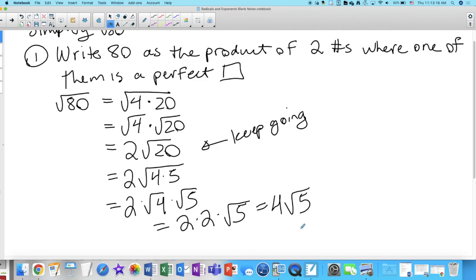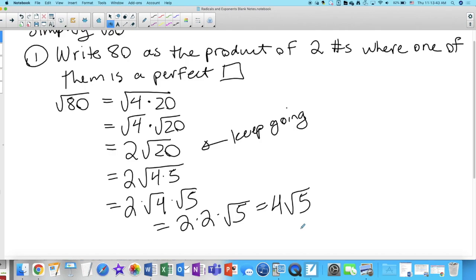Instead of writing 4 times 20, is there another perfect square that will work? Go look at your list of perfect squares, see if any of the other perfect squares are factors of 80. 16, that's right, and that's a bigger one.